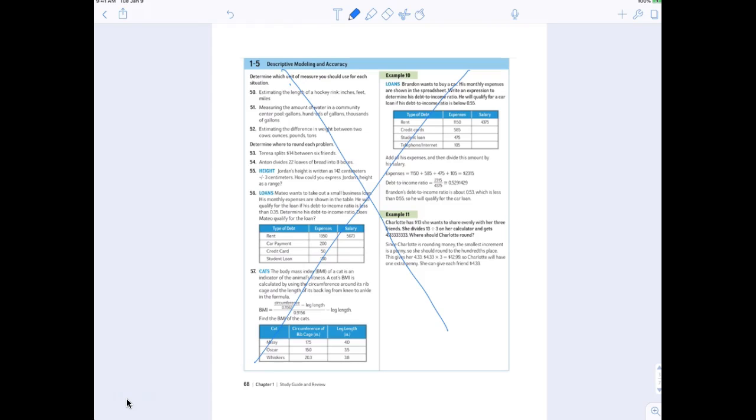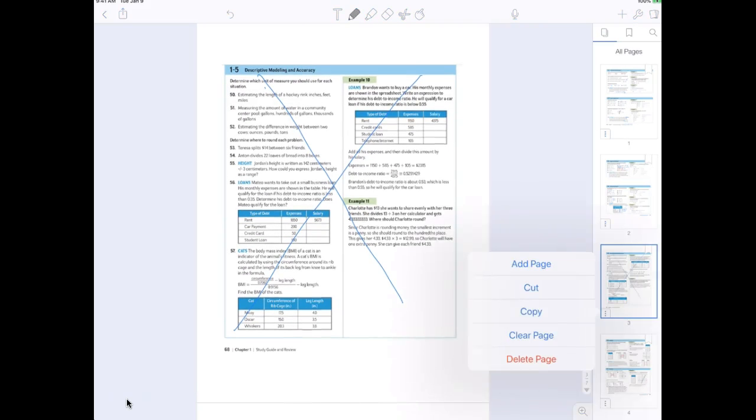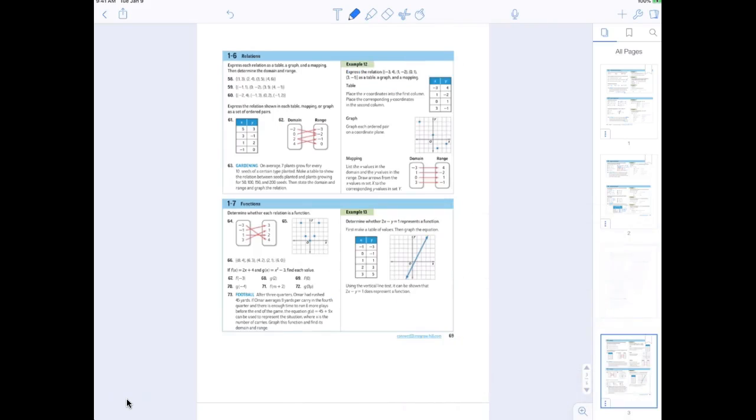Or I don't know if you know how to do that. You hit this button right here, and then you tap on it, and you can delete the whole page. Right? Just to remind yourself, we don't have to do 1-5. I have my own accuracy. Your accuracy is to how many decimal places? 3 decimal places. That's what I said. All right, is everybody okay with that?